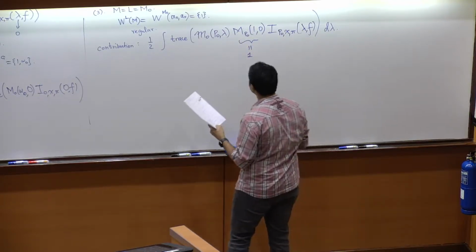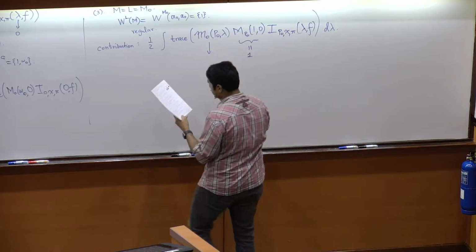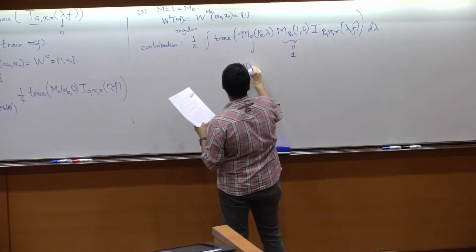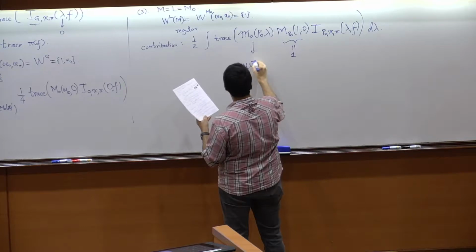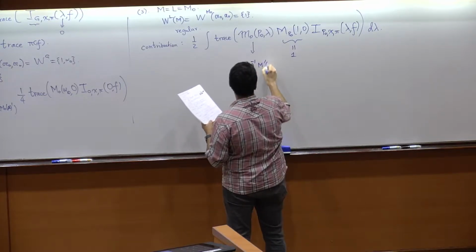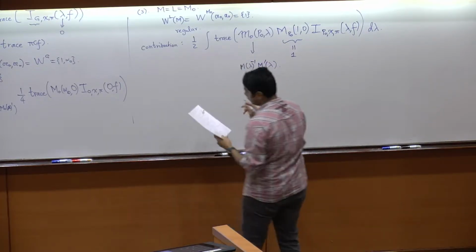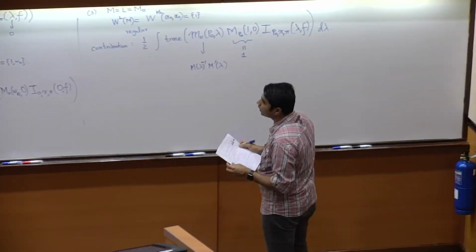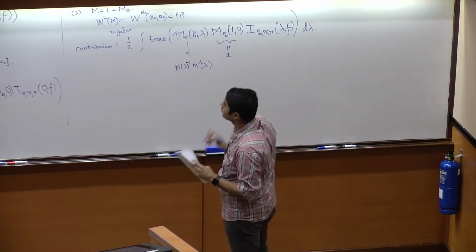And this is the logarithmic derivative, so you can write this as M lambda inverse M prime lambda. Yeah, so this is the contribution here, and so these are the three contributions.